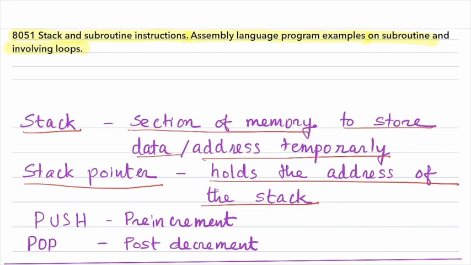And we have seen what is push instruction and pop instruction, which is used for pushing or popping or storing or retrieving the data from the stack memory itself. And we have seen that the stack pointer will do a pre-increment while doing push instruction, and a post decrement will happen during the pop.